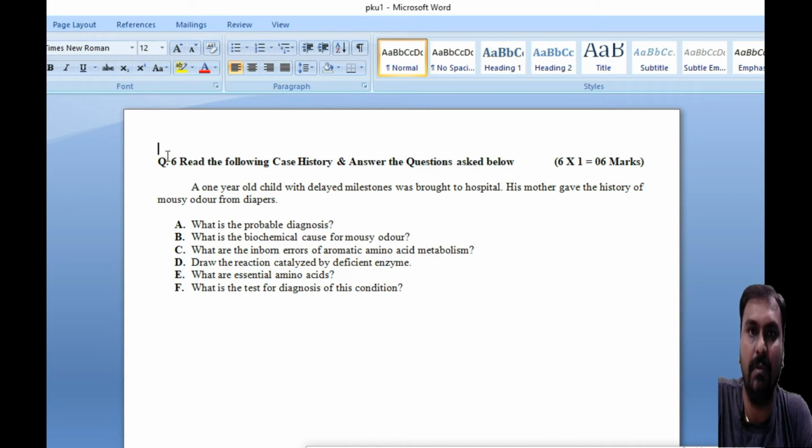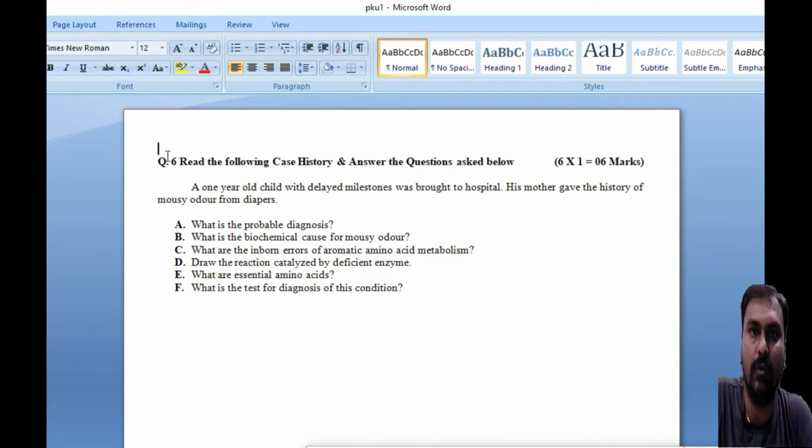What is the most probable diagnosis? Here the diagnosis is phenylketonuria. What is the biochemical cause of the mousy odor? Because the phenylalanine hydroxylase enzyme is deficient, phenylalanine is accumulated. Accumulated phenylalanine is converted to phenylpyruvate. Phenylpyruvate is decarboxylated to phenylacetate, and phenylacetate is the cause of the mousy odor.